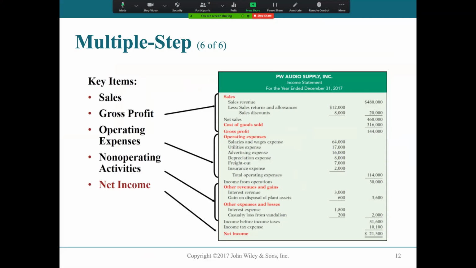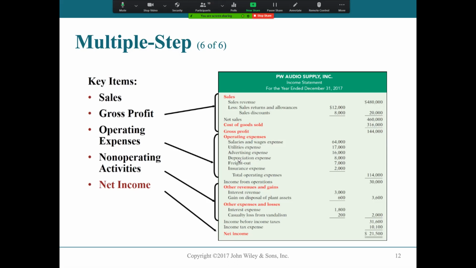It all depends on the business, the size of the business. For a lot of small businesses, it's not worth it to them to try to break down into all those little sub costs. But the short answer is cost of goods sold is only for merchandise businesses. So if it's a pure service business, let's say a massage therapist or something like that, then you wouldn't see a cost of goods sold. And that's the only item that wouldn't be there.